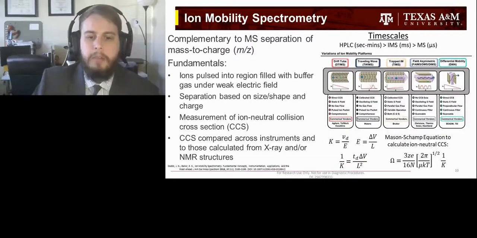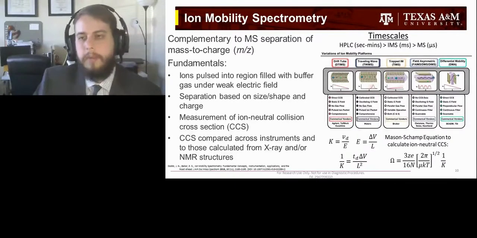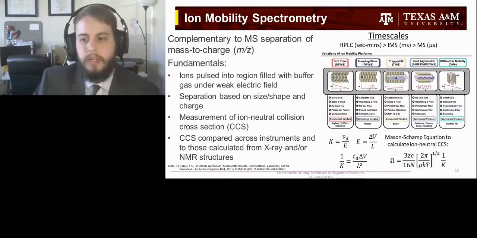We can also compare them to those calculated from X-ray or NMR structures available on the PDB. With recent advances in cryo-electron microscopy, we've also compared some of these values to those structures as well, although I won't be talking about that in my talk today.